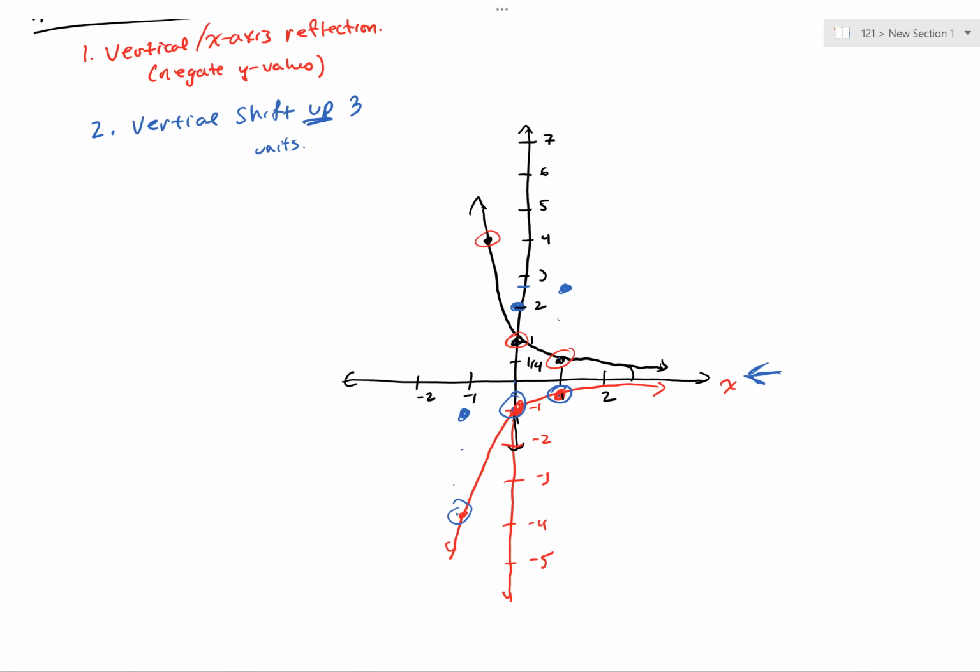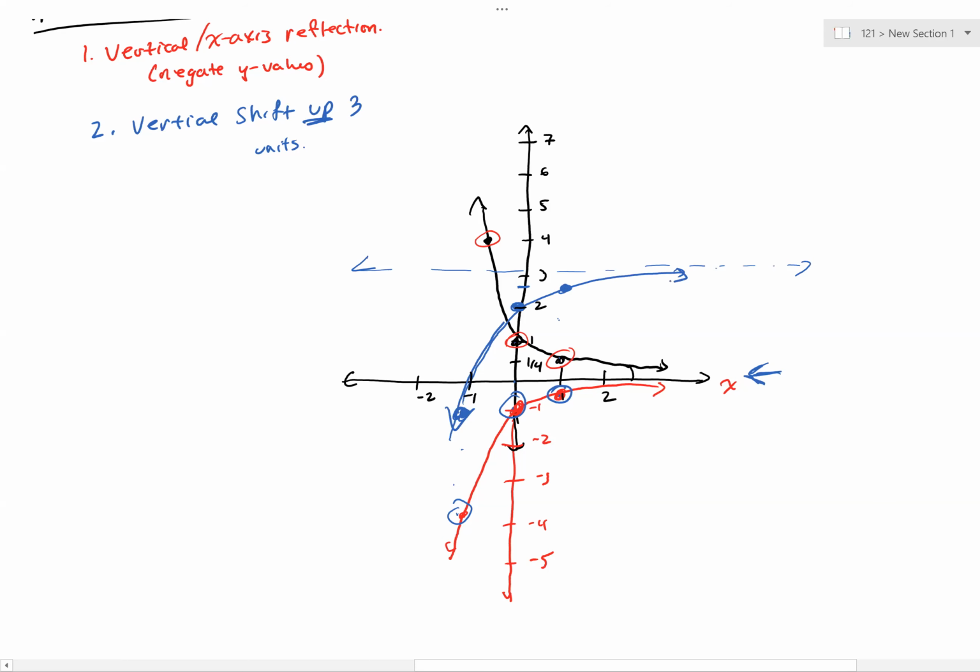The graph did, but we're still approaching the same horizontal asymptote. But now, since the vertical shift moved everything up 3, I'm going to draw that horizontal asymptote first. Sorry, I keep saying vertical. And then I'm going to approach the horizontal asymptote the same way that I had the red graph approach the x-axis. So it'll look something like this, if you don't miss your points.